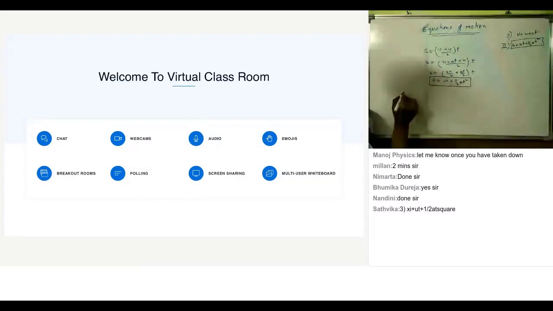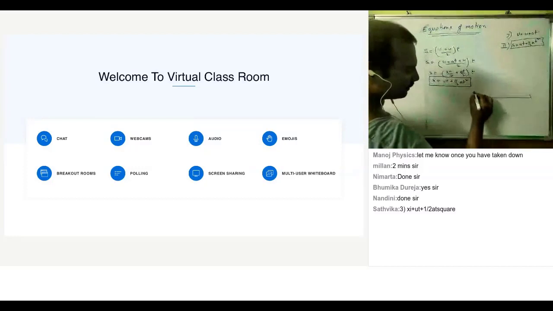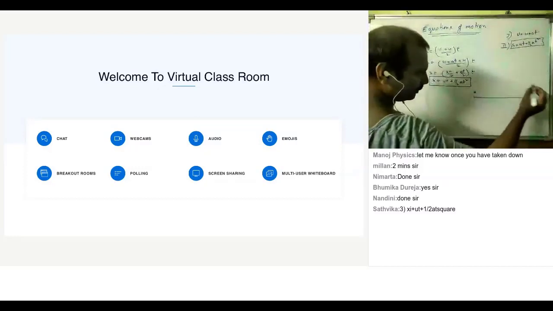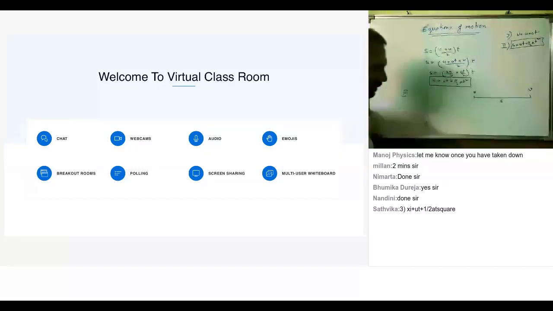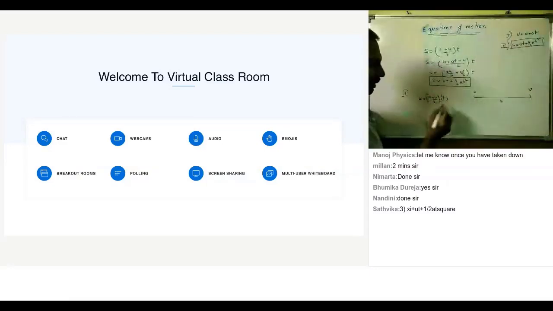So again, I'll go back to the same example: a body has initial velocity u, final velocity v and displacement s. Here I want to get rid of t. Now, what is s equal to? We have just seen that (u plus v) by 2 into t. But from equation 1, what is v equal to? u plus at, or t equal to how much? (v minus u) by a. This is from the first equation of motion.